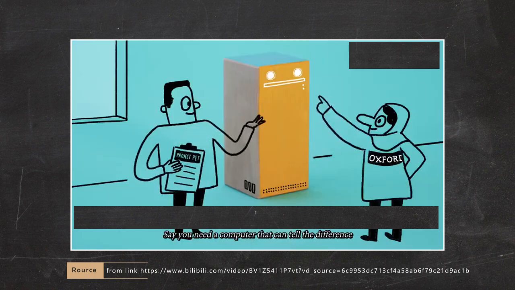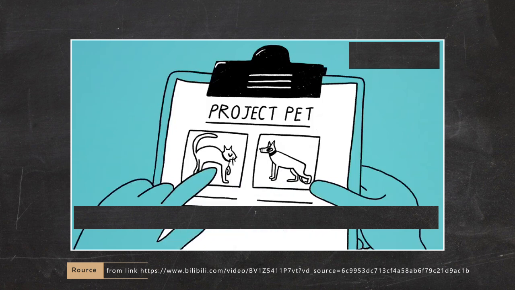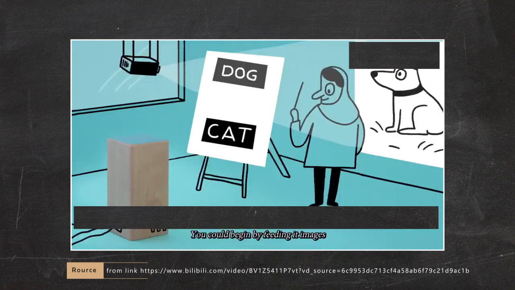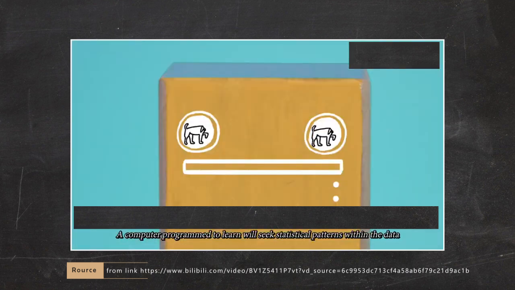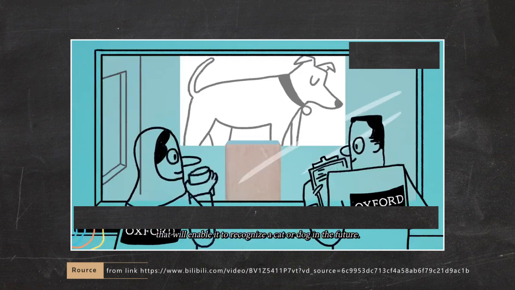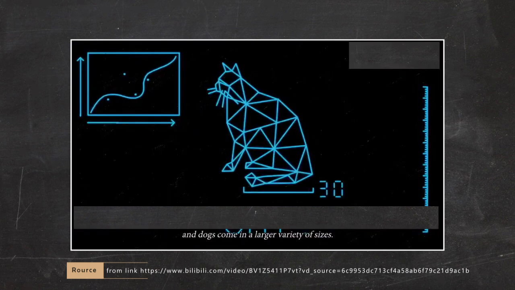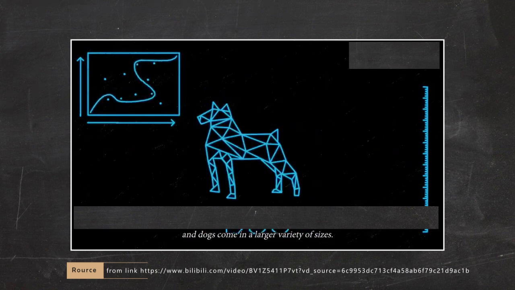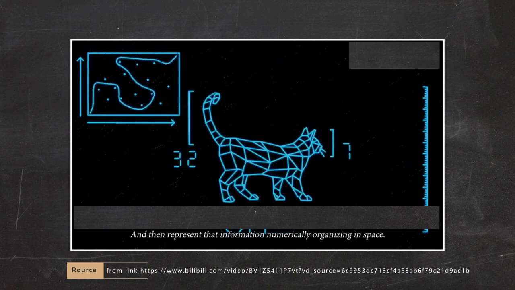Say you need a computer that can tell the difference between a picture of a dog and a picture of a cat. You could begin by feeding it images and telling it, this one's a dog, that one's a cat. A computer programmed to learn will seek statistical patterns within the data that will enable it to recognise a cat or a dog in the future. It might figure out on its own that cats have shorter noses and that dogs come in a larger variety of sizes, and then represent that information numerically, organising it in space.